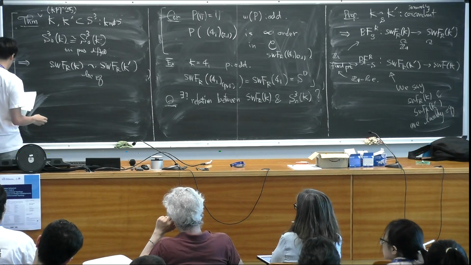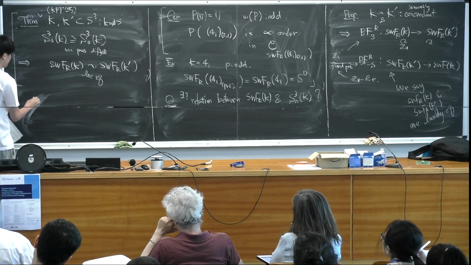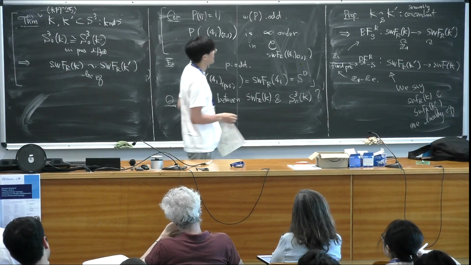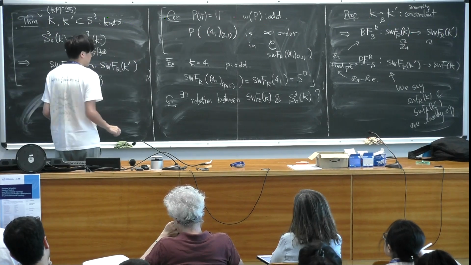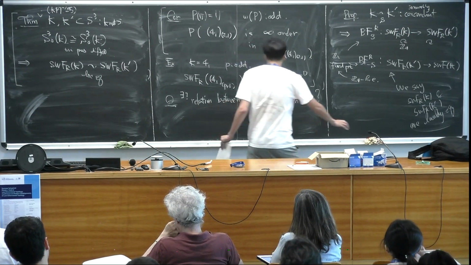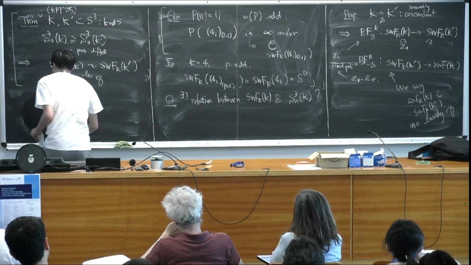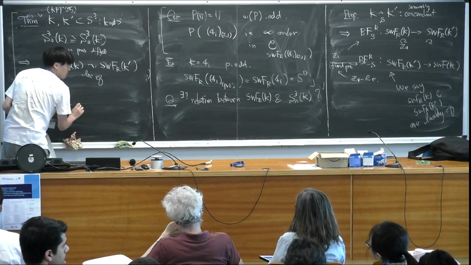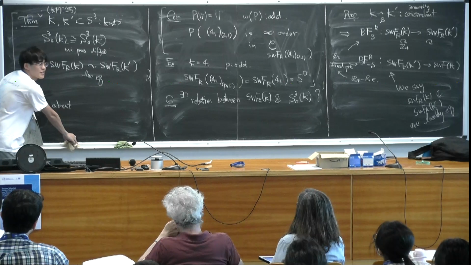Okay, so this is in 3D, where I was comparing the surgery and the real Floer homotopy type. But we can say something about 4-dimensional surgery. Oh, you cannot see, you mean?